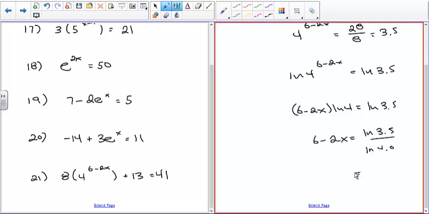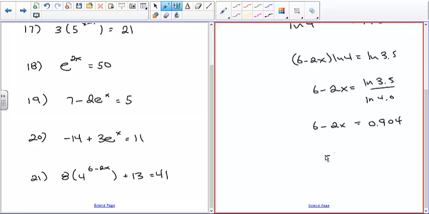So the natural log of 3.5 divided by the natural log of 4, you get 0.904. And then we'd subtract 6 from both sides. So this goes over to the other side.